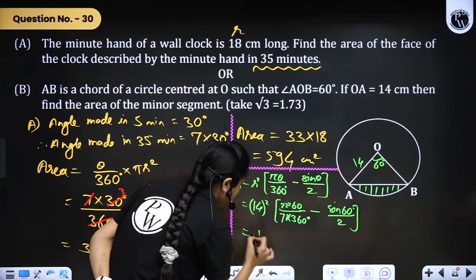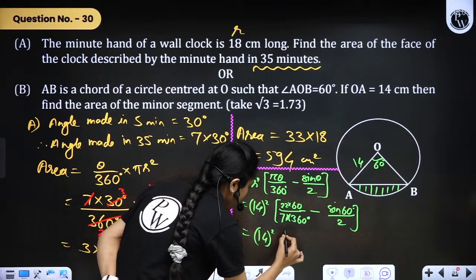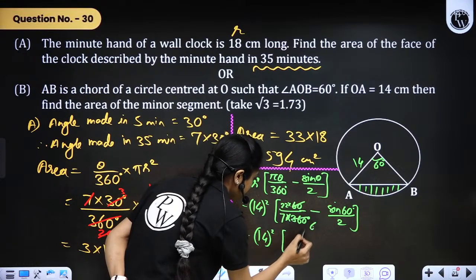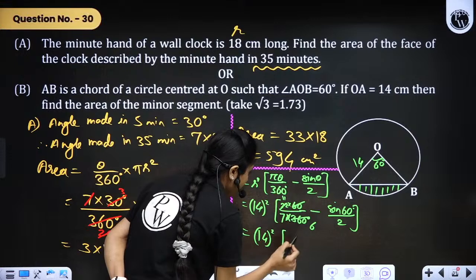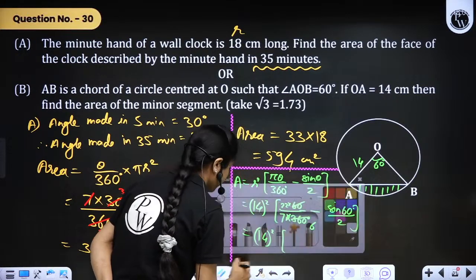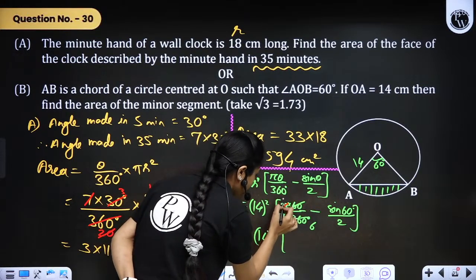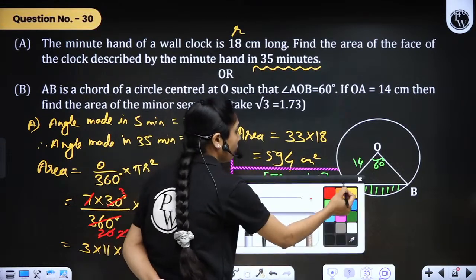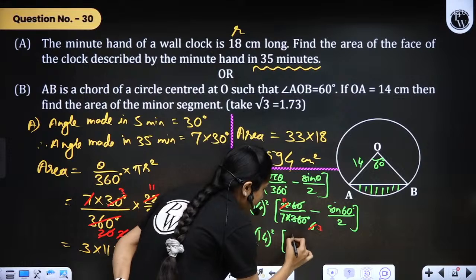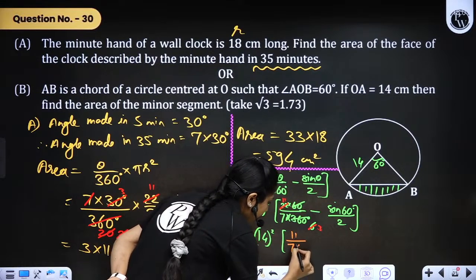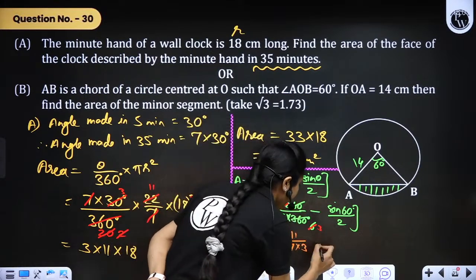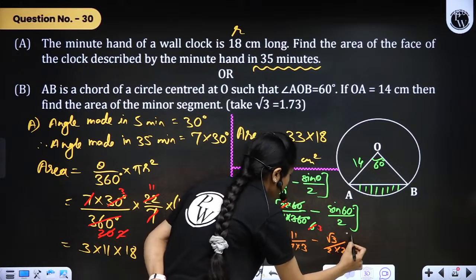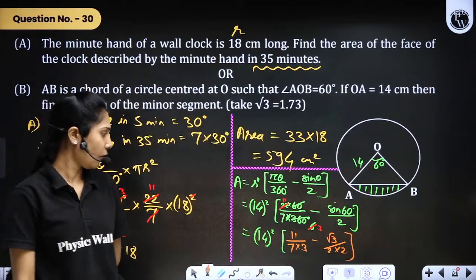So it will be 14 square. 1s are 6s, 11s are 3s, 11s are 3s. So it is 11 upon 7 into 3 minus root 3 by 2 into 2. Okay.